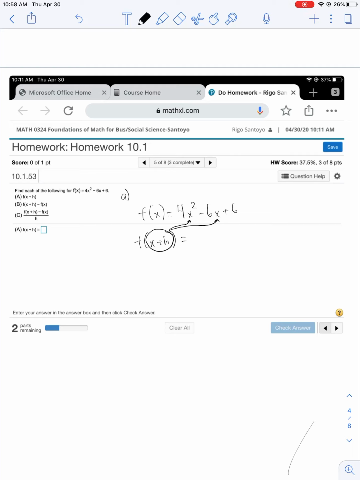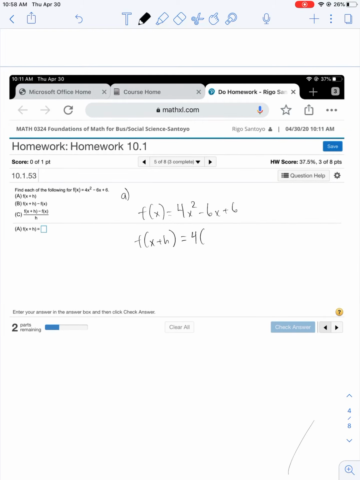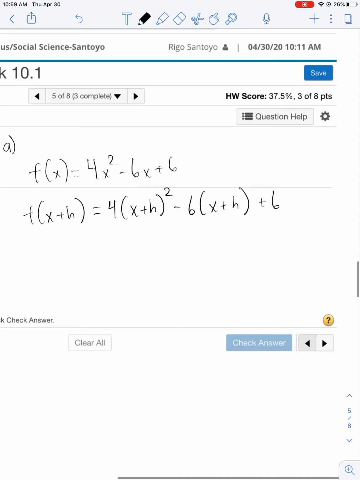All right, so doing that gives us 4, open parentheses, x plus h, close parentheses, to the power of 2, minus 6, open parentheses, x plus h, close parentheses, then plus 6. So this tells us that we have 2 of these x plus h's.